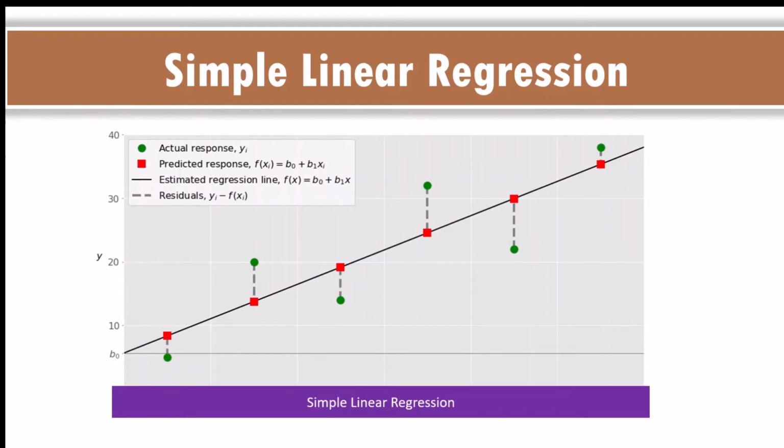Hence, we consider only one x value. And what is beta 0? We already mentioned, that is the intercept. In simple linear regression, when the value of x is 0, the value of y is called the intercept.